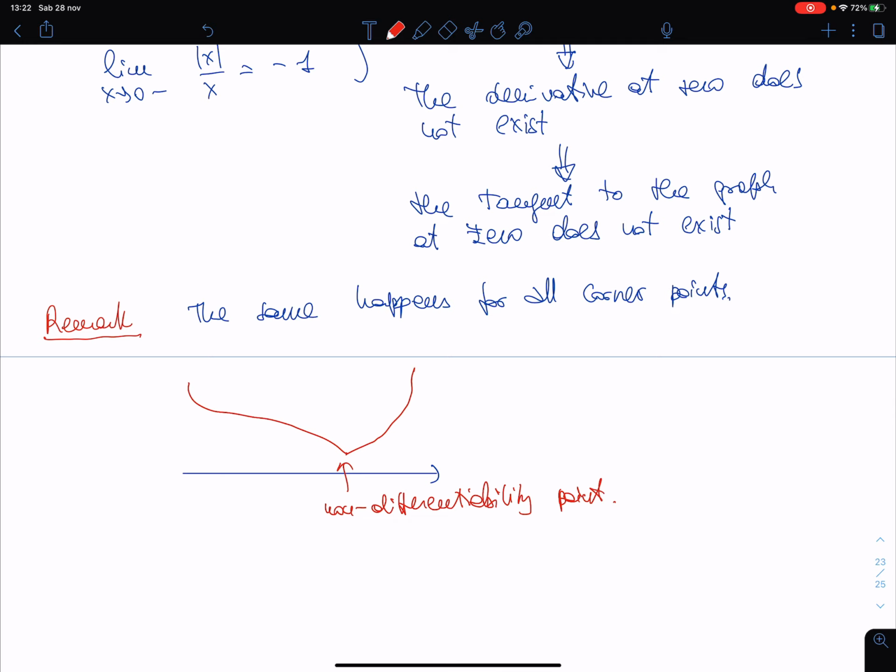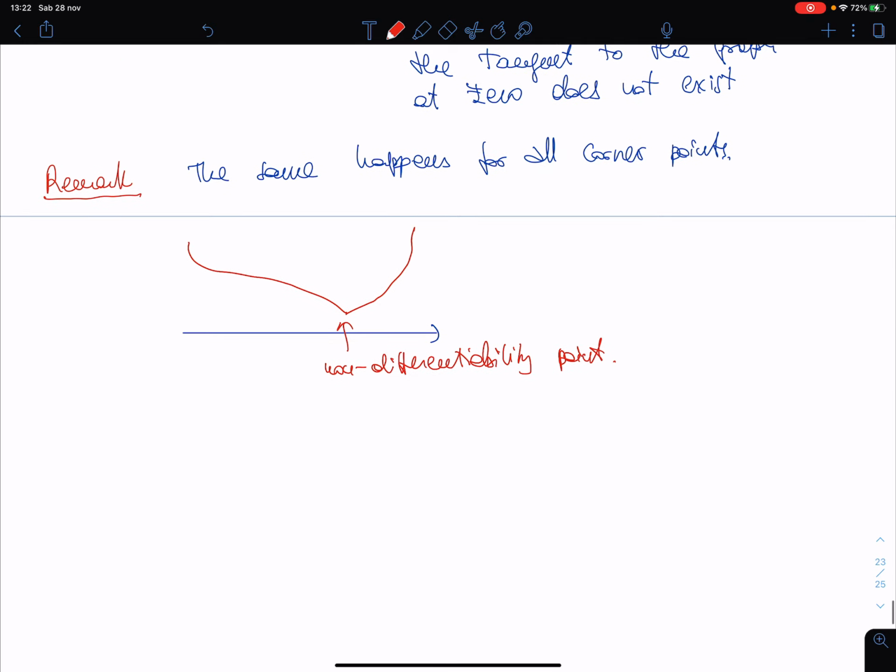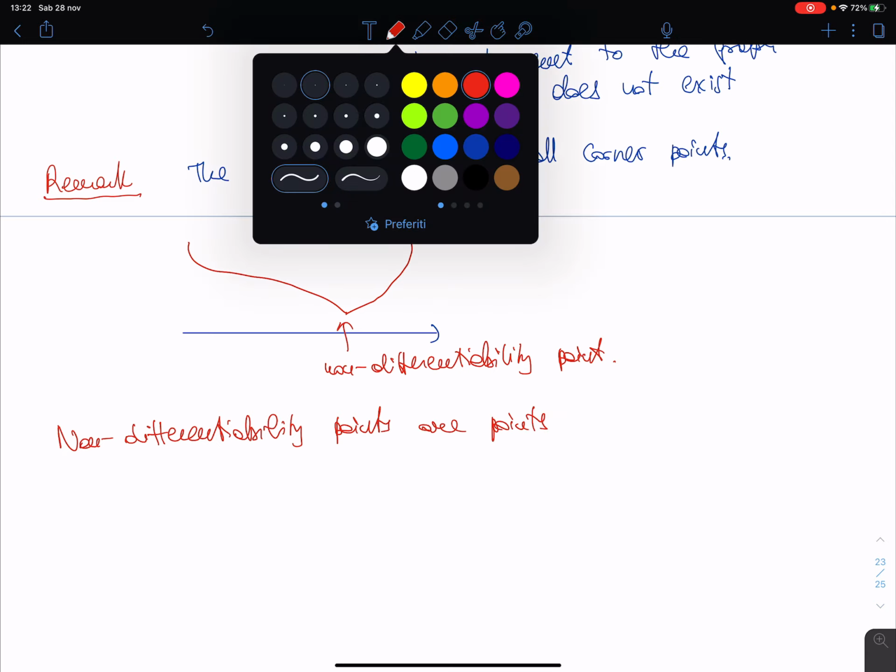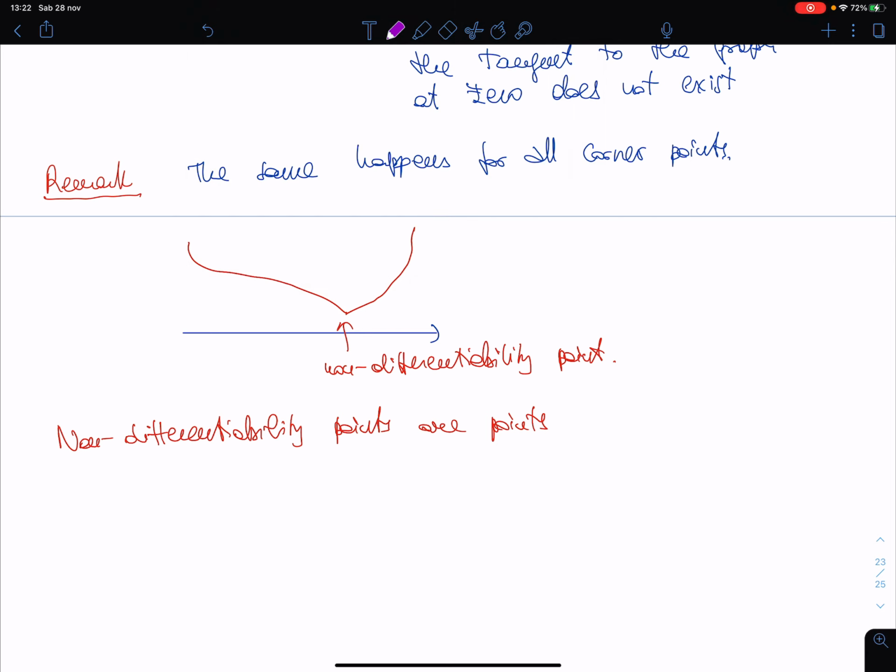Okay? So, and non-differentiability points are points of the domain of the function. So at the written exam we always do that, we ask you the non-differentiability points, don't tell me the points that are outside the domain.